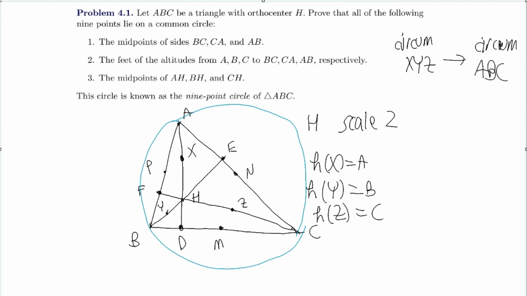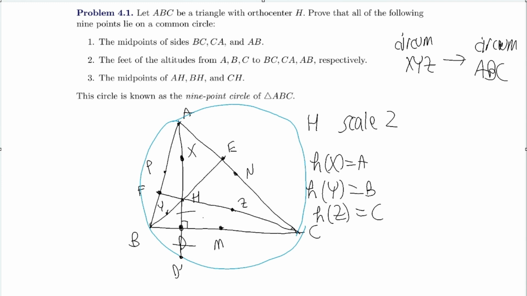So first let's prove that D gets sent to this circle under the homothety. Then this point D prime here is the point such that HD prime is equal to 2HD because the scale is 2. In other words, these two lengths are equal. So we want to prove that the D prime that satisfies this lies on the circumcircle.